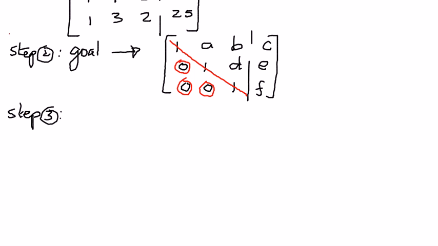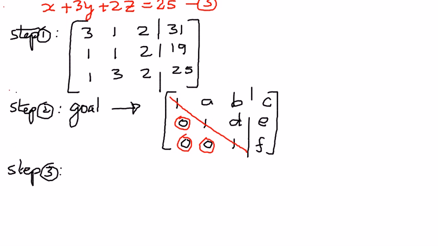When we look at this example here, we can interchange the rows. We can interchange row 1 and row 2. Since we have 1 in first row, first column already, which is available to us in the second row, we can interchange row 1 and row 2 like this. 1, 1, 2, 19.